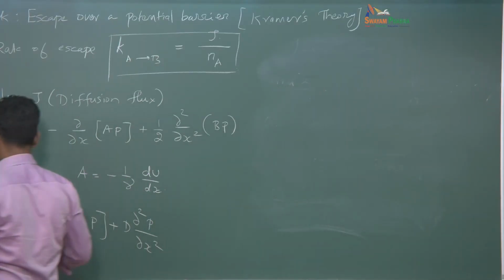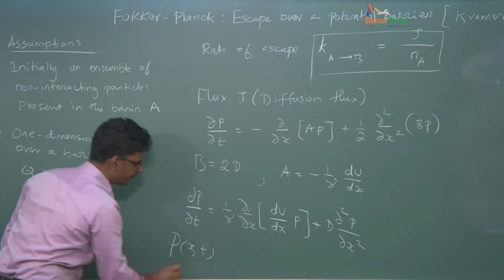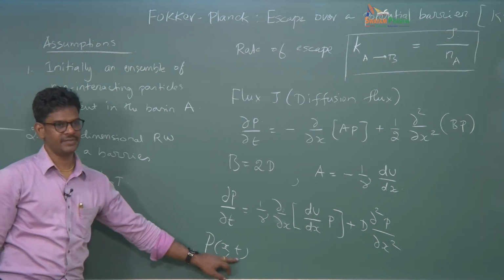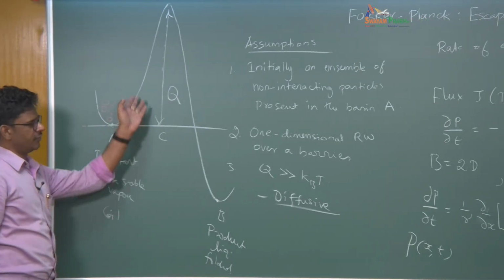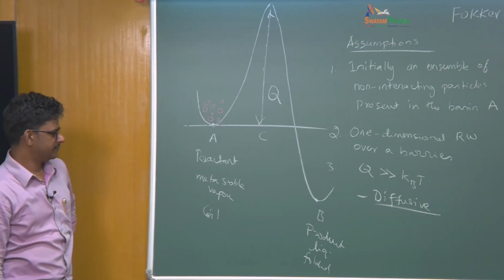So note that this P here is representing the position of a Brownian particle as a function of time. Okay, so probability density for a particle position x at time t for a Brownian particle undergoing a one-dimensional random walk in the potential.